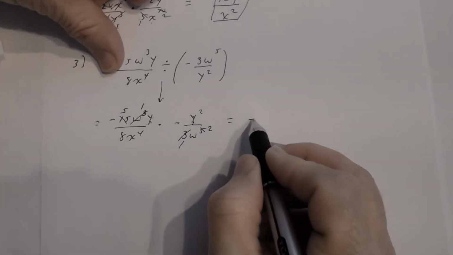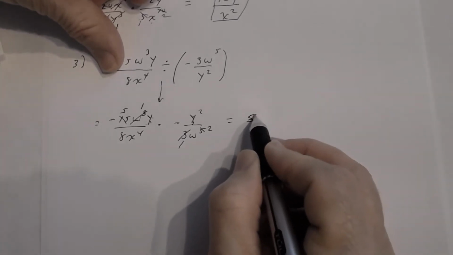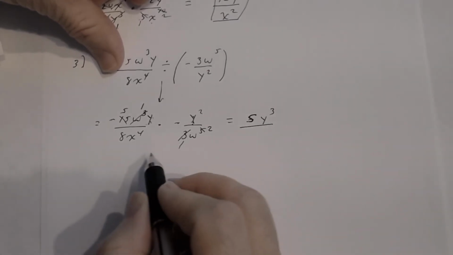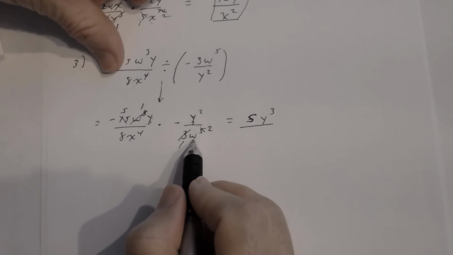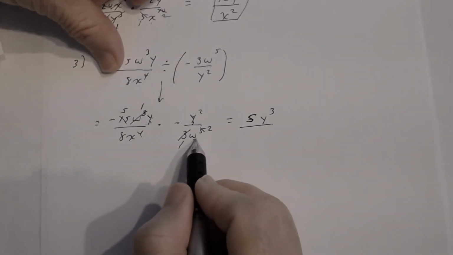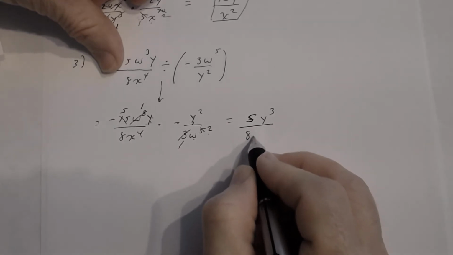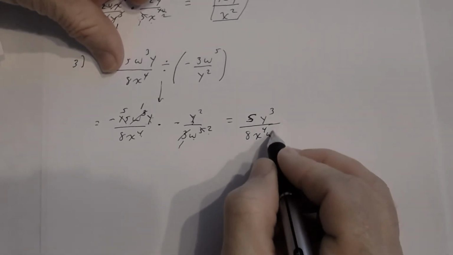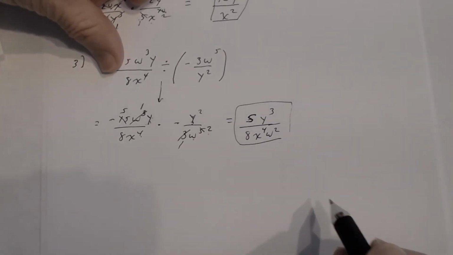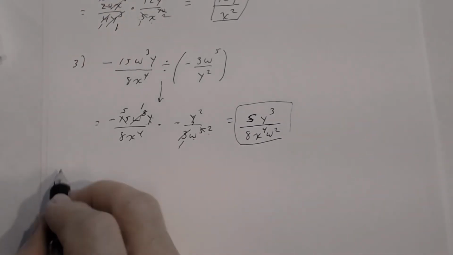So I get positive 5y cubed divided by 8x to the fourth w squared. Remember, you always want to write this as one rational expression. And so we're done. So that was number 3.